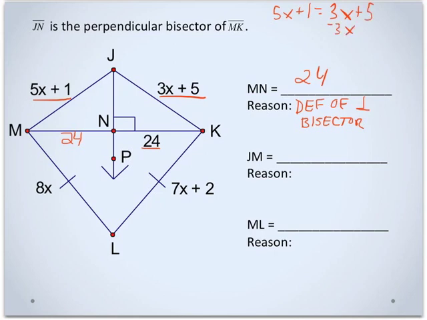Subtract 3x from both sides, and subtract 1 from both sides as well. So 2x is equal to 4. x must be equal to 2. So by plugging this back in, 5 times 2 plus 1 is equal to 11, and 11 would be the length of JM. The reason, of course, as we just said, was the perpendicular bisector theorem.